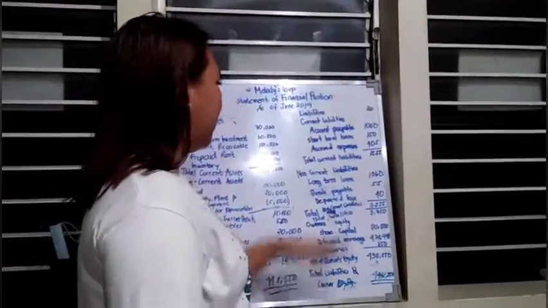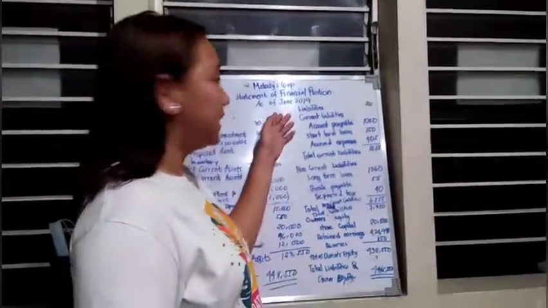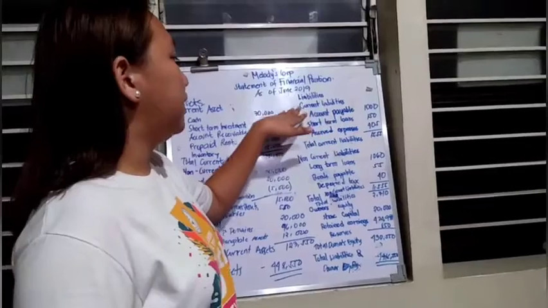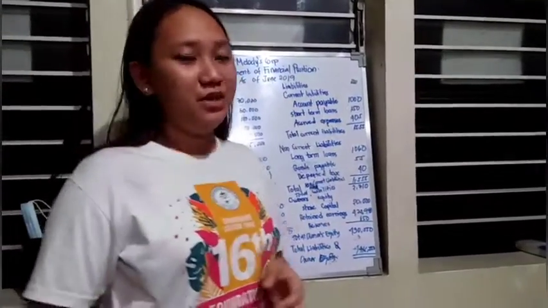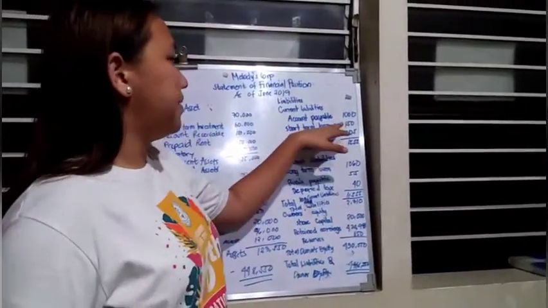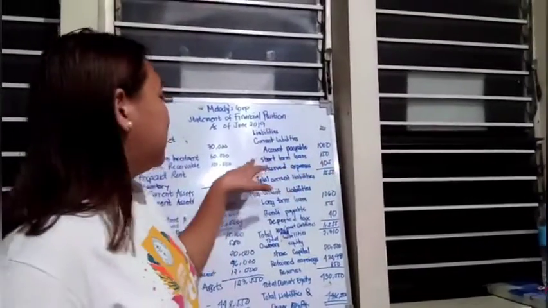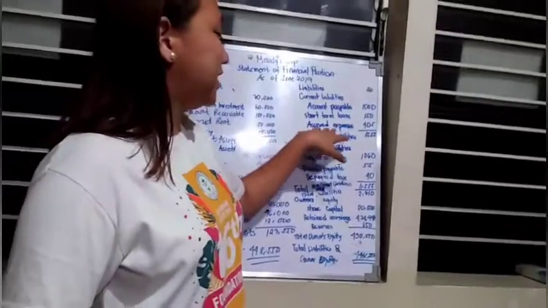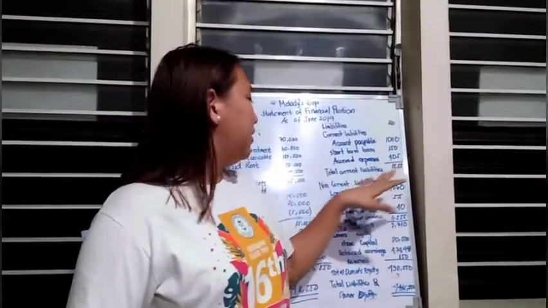So next, we are in the liabilities. So we have current liabilities. Along with the current liabilities, we have accounts payable for 1,000, short-term loans for 150, accrued expenses for 405.